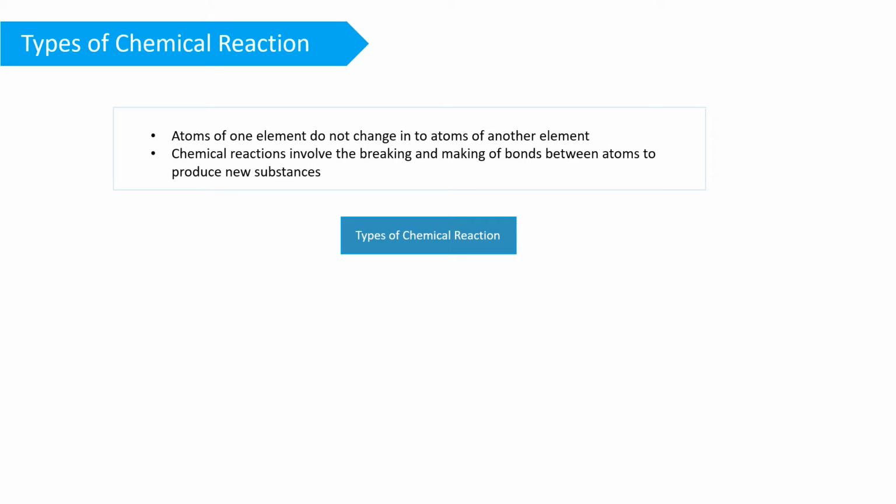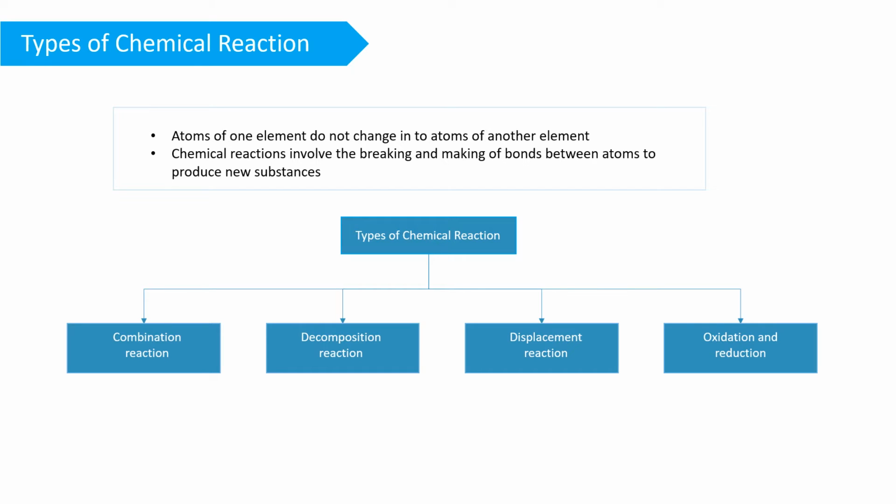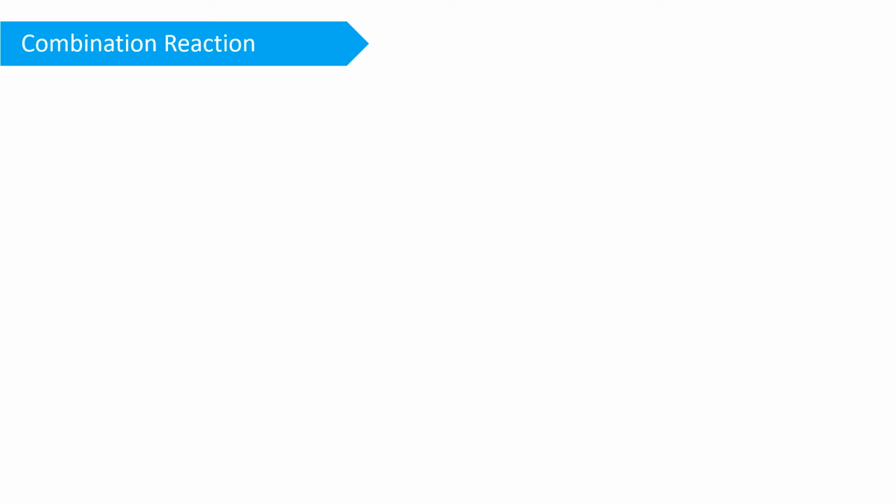So what are the types of chemical reaction? First one, combination reaction. Second one, decomposition reaction. Third one, displacement reaction. Fourth one, oxidation and reduction. First, we are going to see combination reaction. In the name itself, you can guess, right? Combination of two reactants.